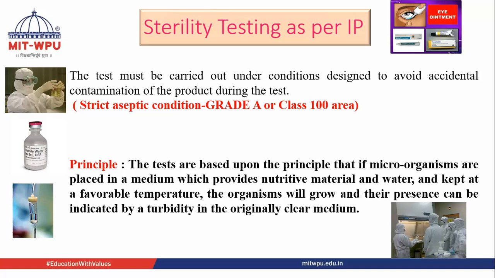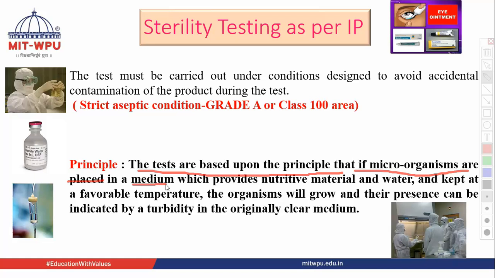Next, what is the principle of this test? The principle behind this test is that microorganisms are placed in a medium. Mostly we use fluid thioglycollate medium, and another is soybean-casein digest medium. Fluid thioglycollate medium is mostly used for supporting anaerobic and some aerobic bacteria.